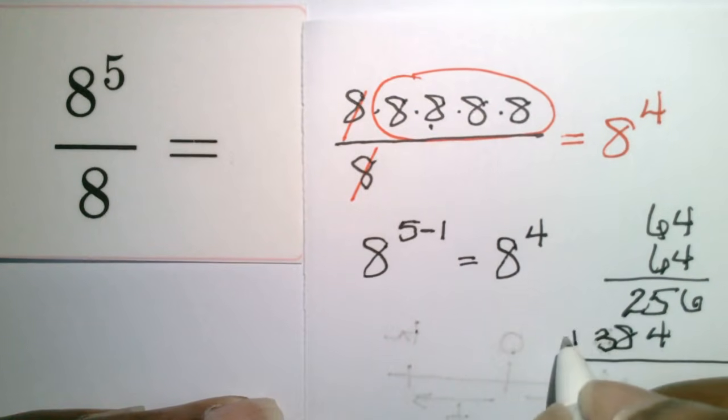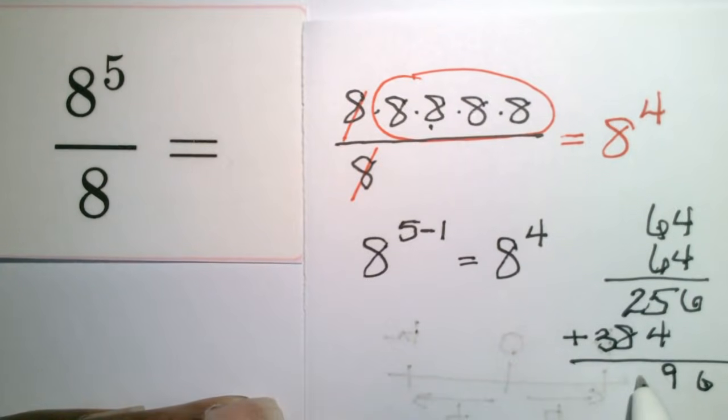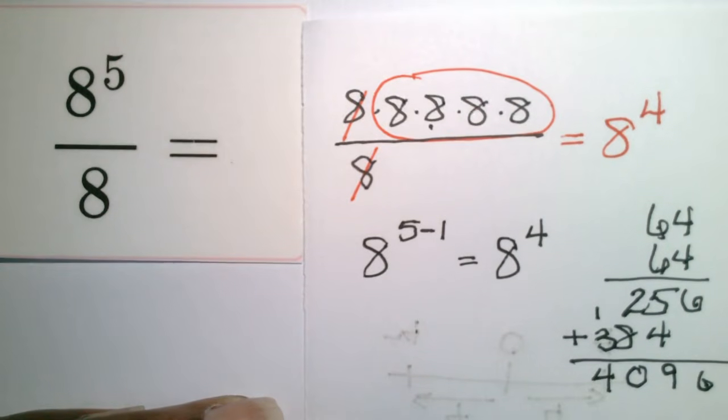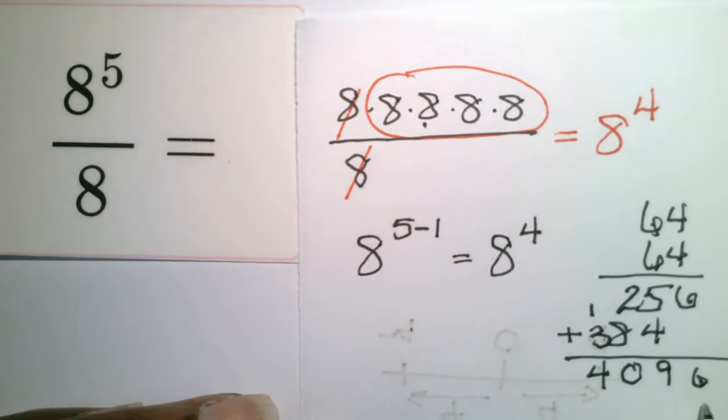And then we are combining. So we have our 6, our 9, our 10 when we carry the 1, and our 4. So that's how people are also getting 4,096. All right.